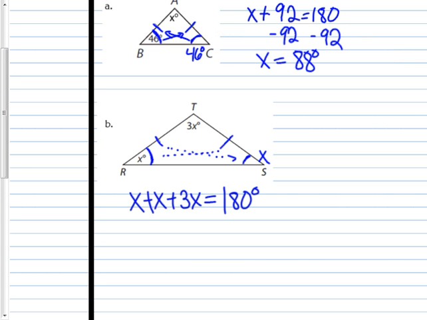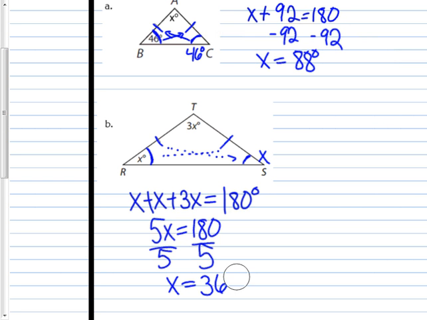So x plus x plus 3x is 5x. 5x equals 180. Divide both sides by 5. X equals 36. Oh, it's actually not 36 degrees. Oh yeah, it is. X equals 36 degrees.